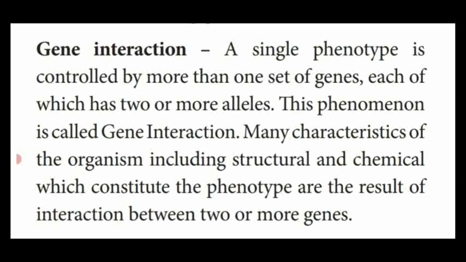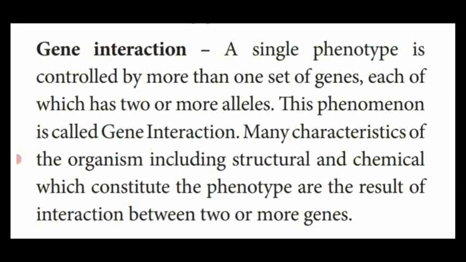That is the answer: a single phenotypic character is controlled by more than one set of genes with a pair of alleles, or 2 alleles, or more than 2 alleles. There can be 2 or more than 2, but however many, more than one set of genes. That reaction or interaction is called gene interaction.